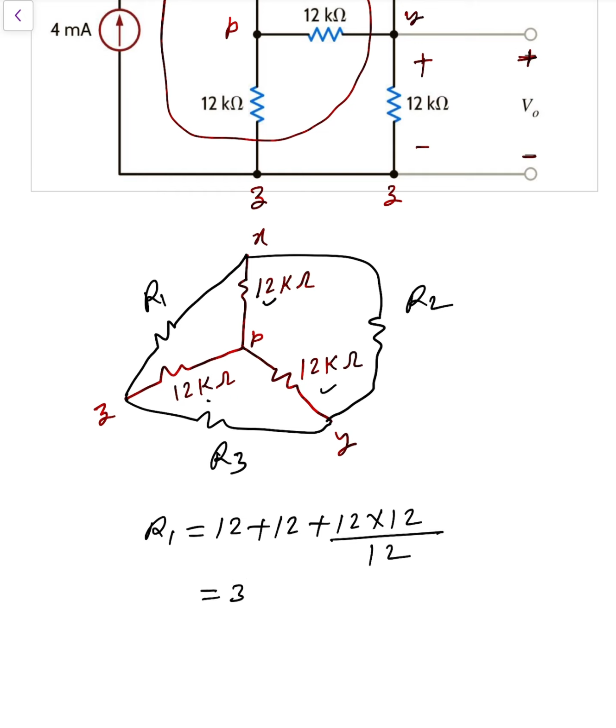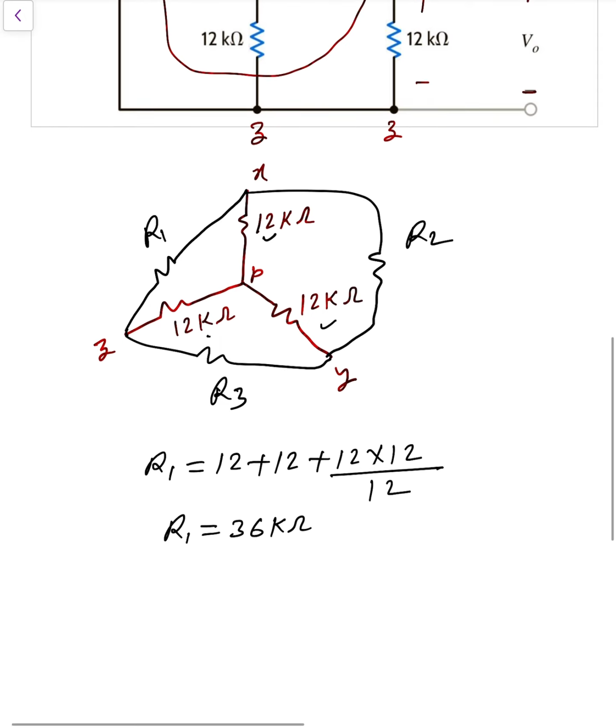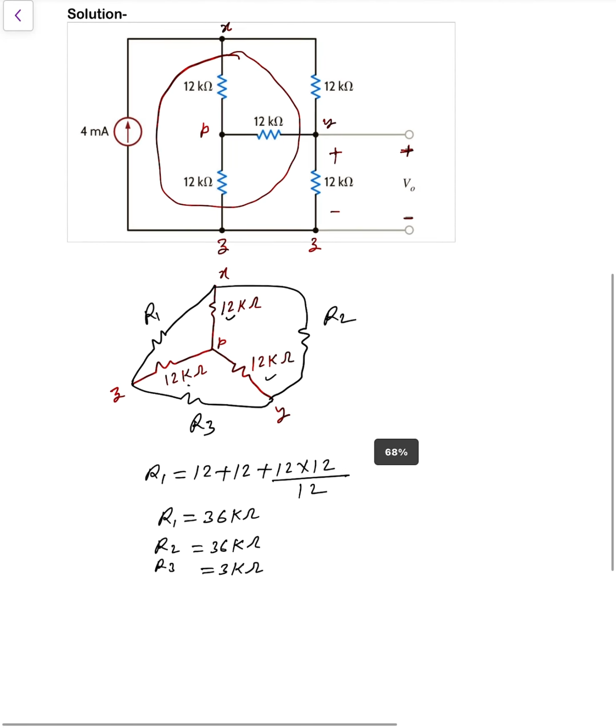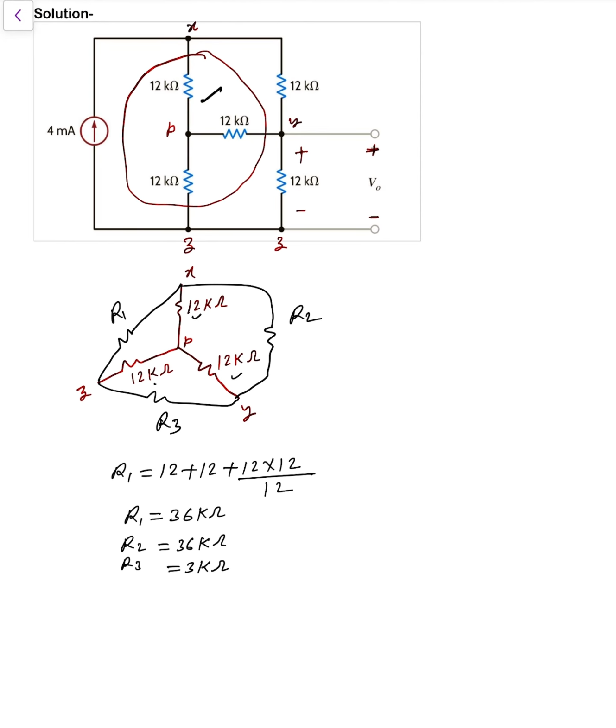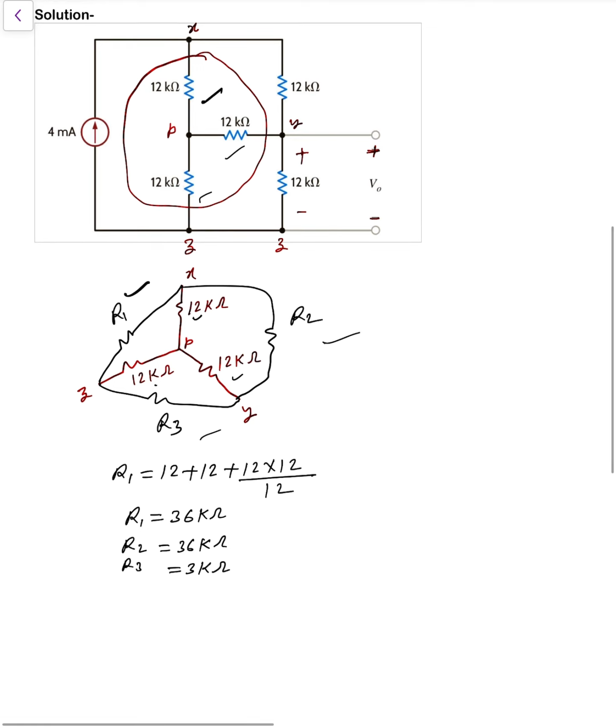So that is 36 kilo ohm. Three resistances are equal, so R1, R2, R3 are the same. How much? 36 kilo ohm. That is also 36 kilo ohm. So you can replace this with R1, R2 and R3.